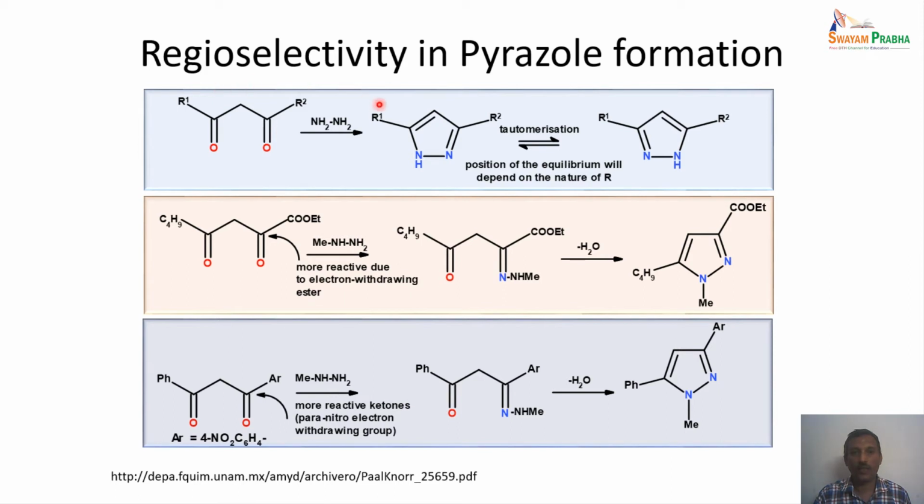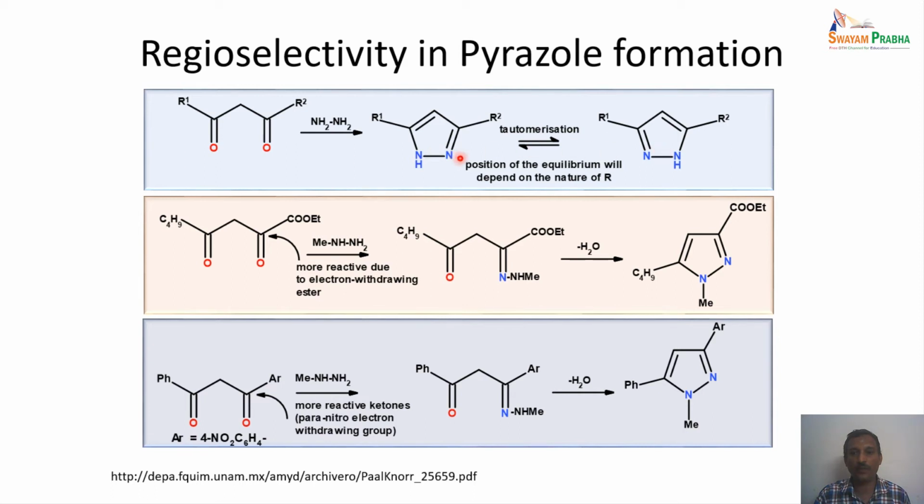And let us look at the regioselectivity in the pyrazole formation, because if we are using unsymmetrical diketones, then there is a possibility of how the reaction actually proceeds. But in this particular case, between R1 and R2, the tautomerization between these two nitrogens is possible.